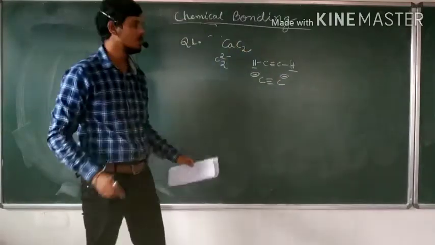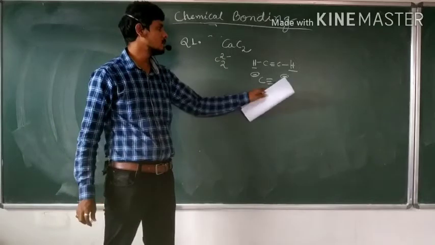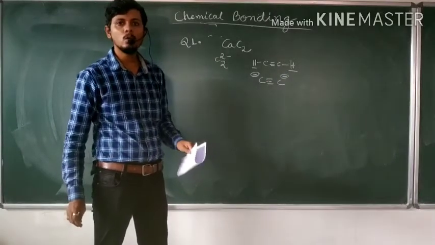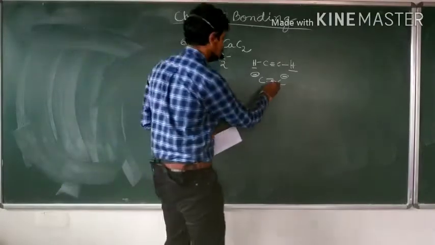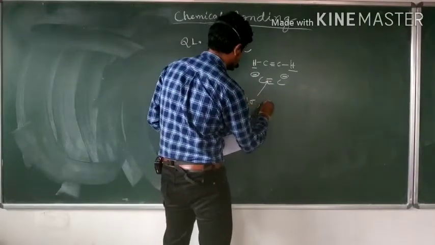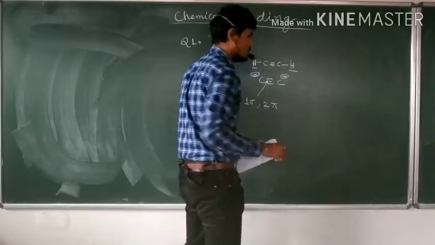As you can see, the carbide ion contains 1 sigma bond and 2 pi bonds. So, 1 sigma and 2 pi bonds.